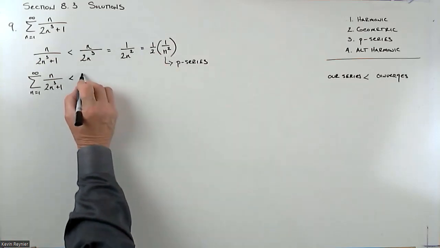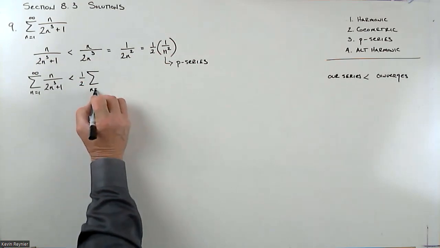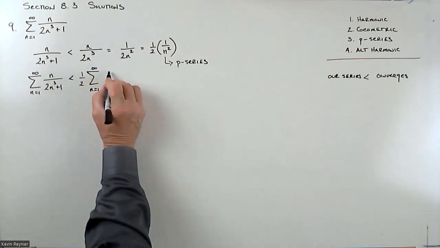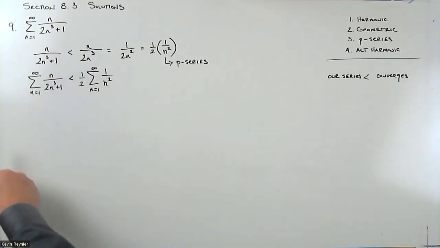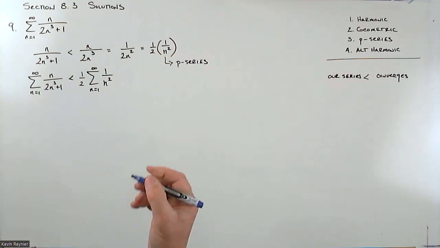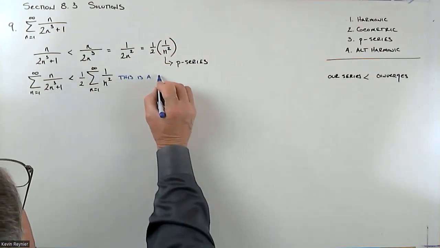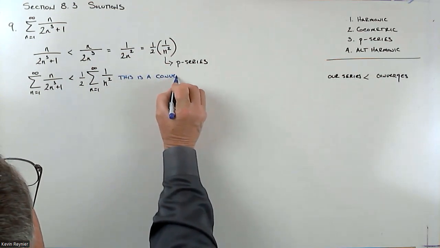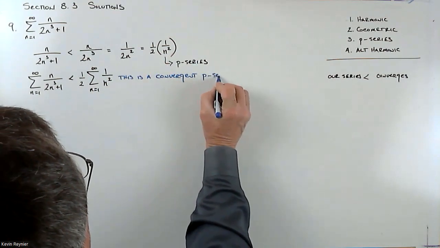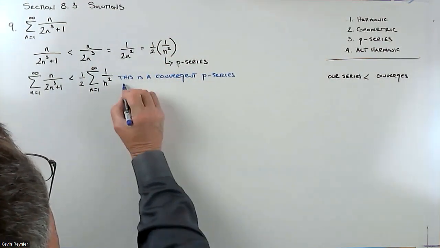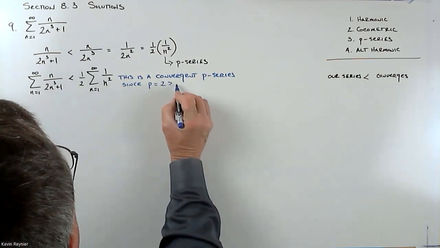Now that's a half, that's a constant, that can come out in front. But this series is a convergent P series, since P is equal to 2, which is greater than 1.